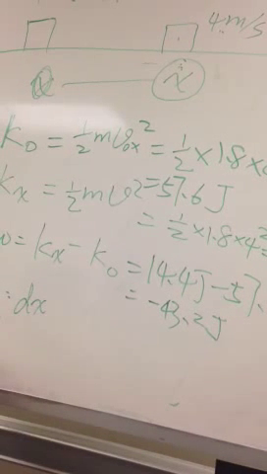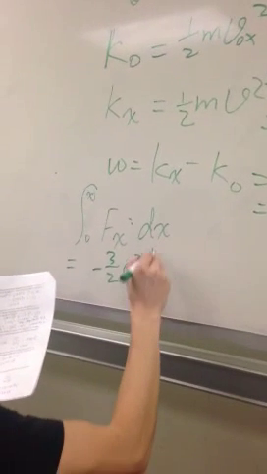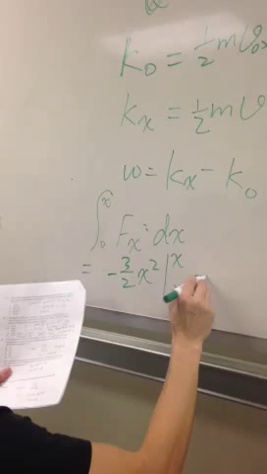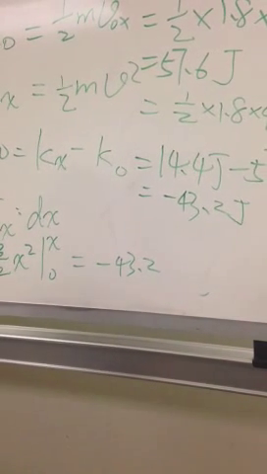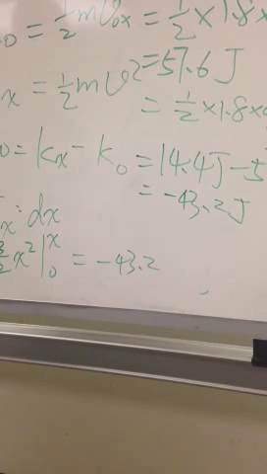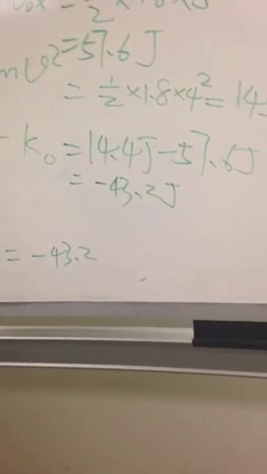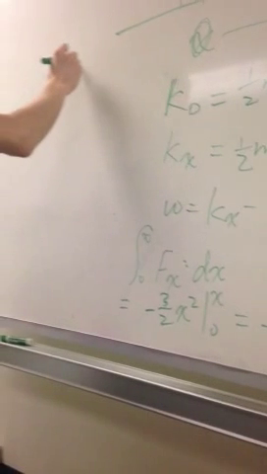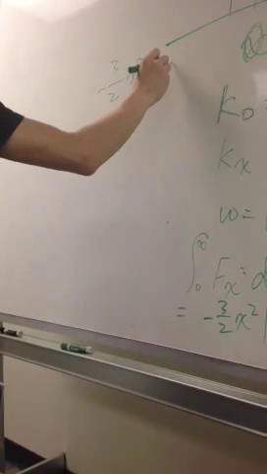Which is negative 3/2 x squared from 0 to x. But we know that equals negative 43.2, right? So it is 3 over 2 x squared equal to 43.2.